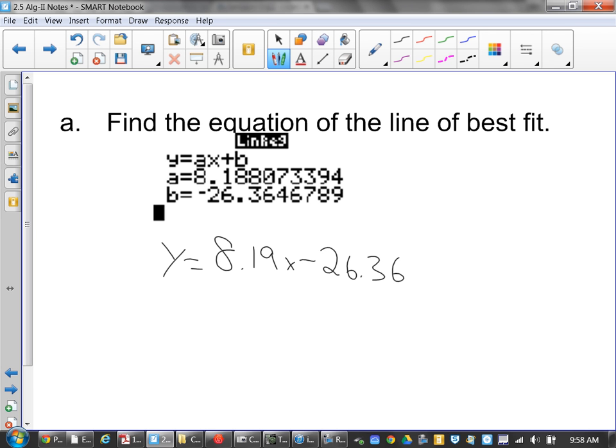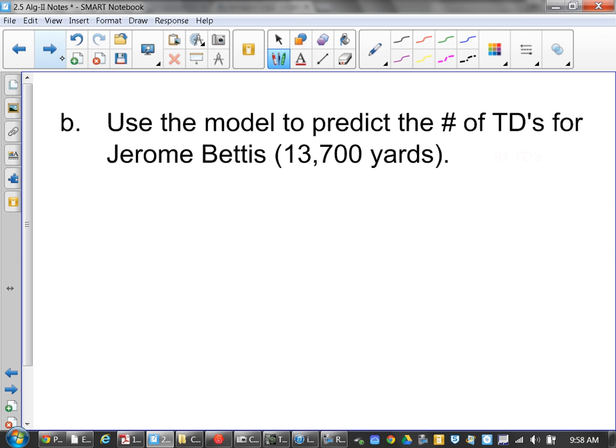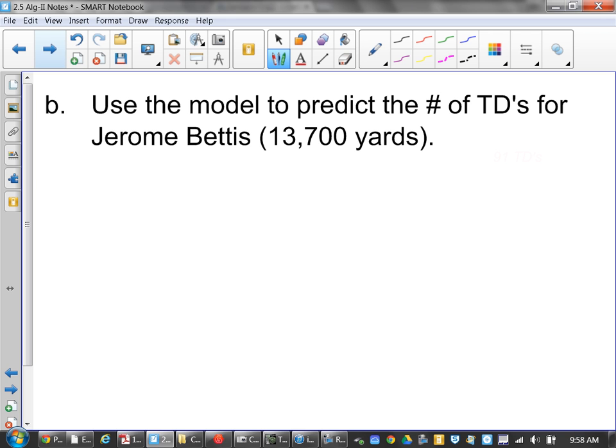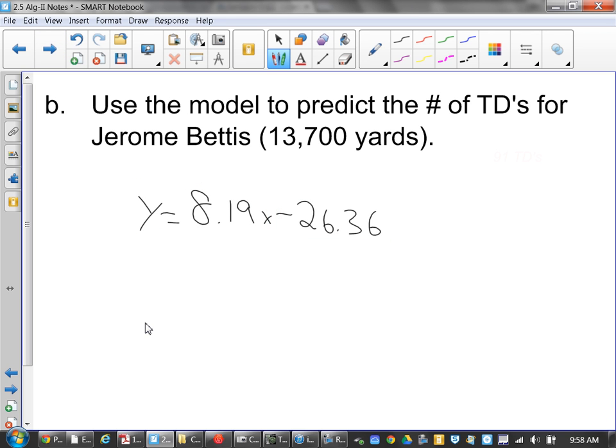Now here's what happens. If I take this equation, I can do the following thing for predictors. Running back for the Steelers. The bus. He's a big dude.